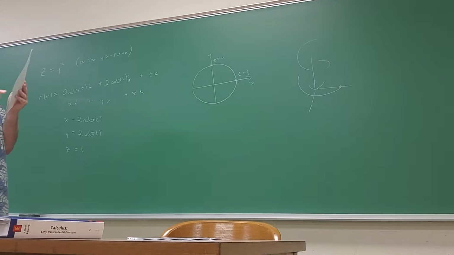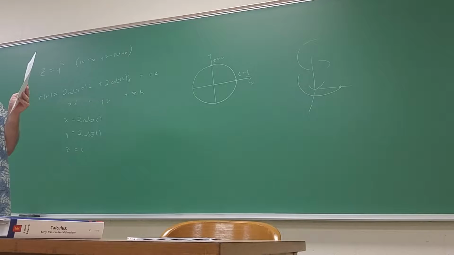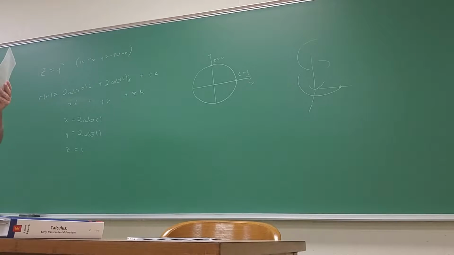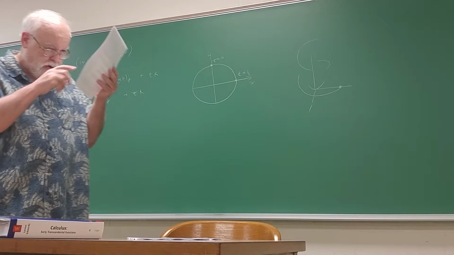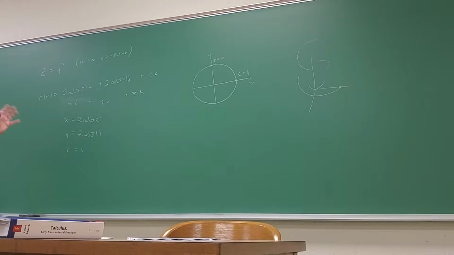Down in this third loop, the parabola is inside of the helix, and then at the top loop, it's outside the helix. Right there close to where it says 4, that's where it intersects. But we can figure that out on the basis of this.